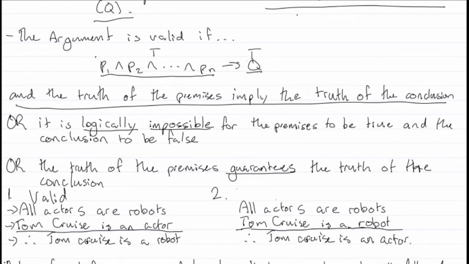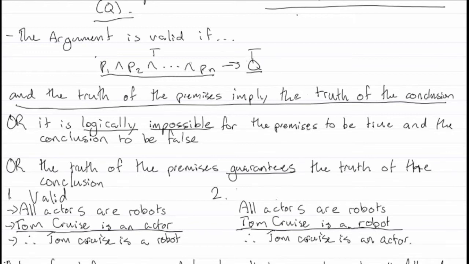When you think of it the opposite way, we can also state when an argument is invalid. That's when you have all these true premises, and it does not imply that the conclusion is true, then it is invalid, because it is logically possible that the conclusion can be false.